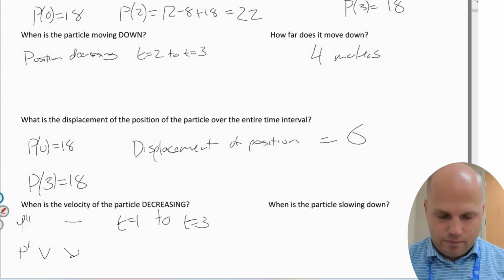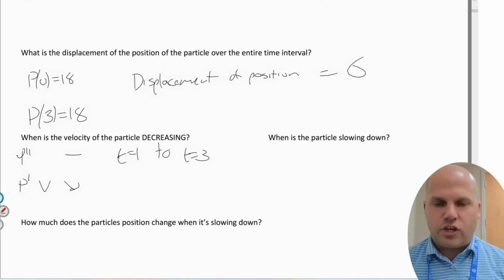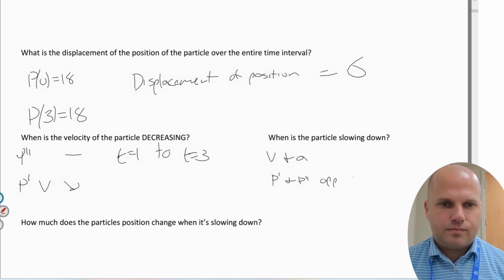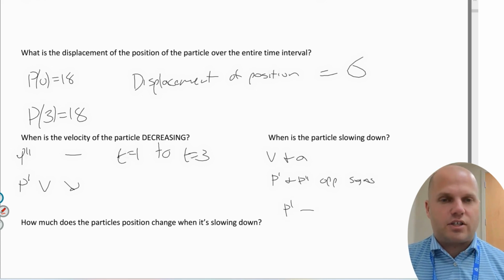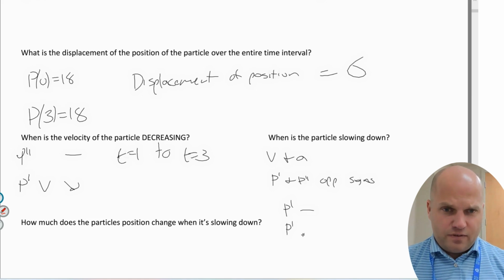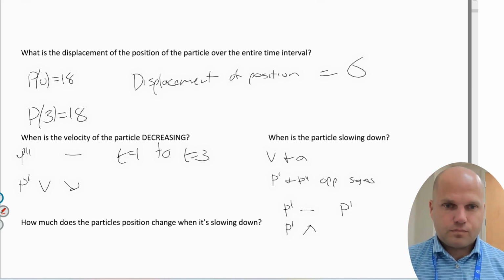When is a particle slowing down? We'll just jump to the chase. When velocity and acceleration, or when p prime and p double prime, have opposite signs. Just to make sure you understand, that's when my velocity values are negative, which means my position's decreasing, which means I'm going down, but my velocity values are increasing, meaning my velocity is -4, -3, -2, -1, 0, getting closer to 0.